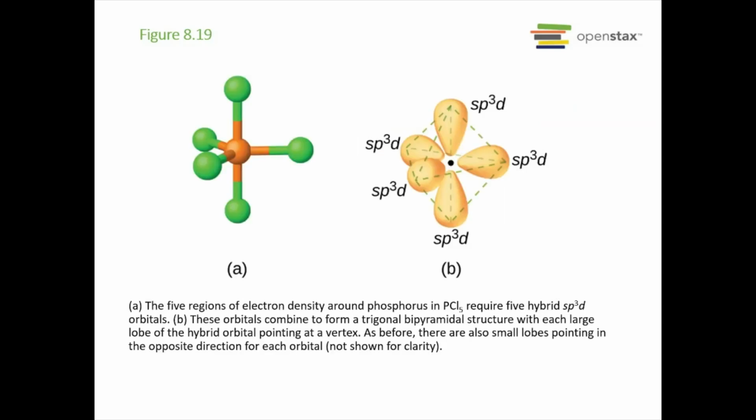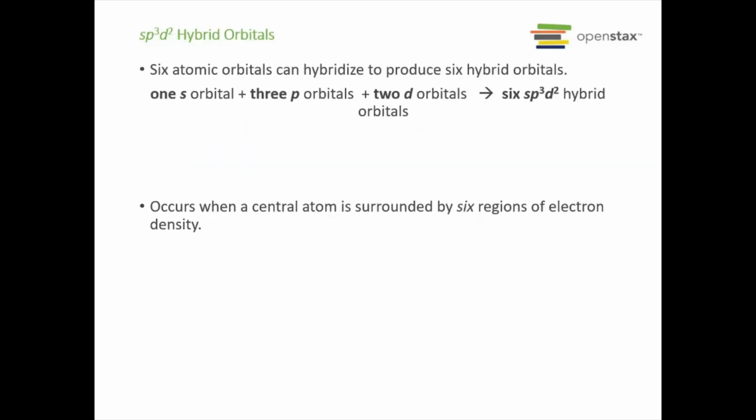So this is kind of what they would look like in 3D. This is phosphorus pentachloride. It's got the 5 sp3d orbitals to form a trigonal bipyramidal structure. And then we also have sp3d2.